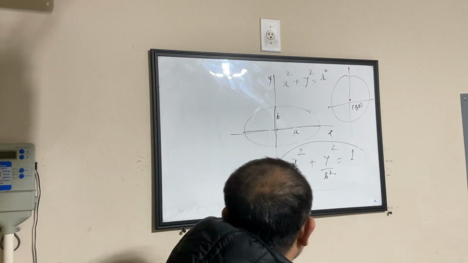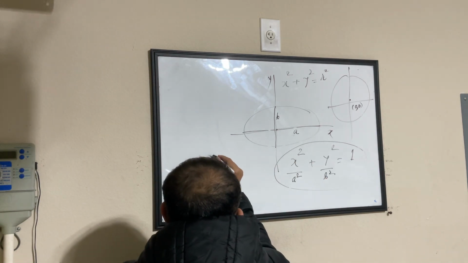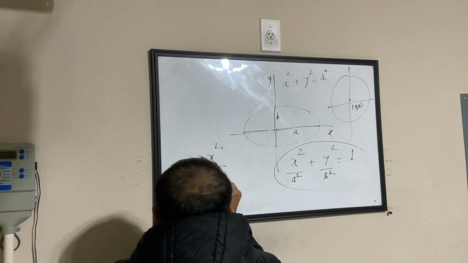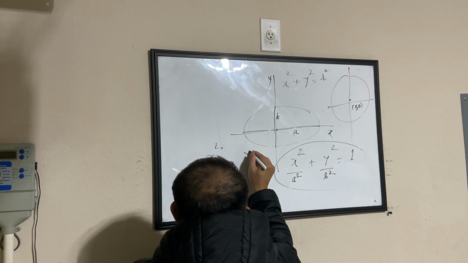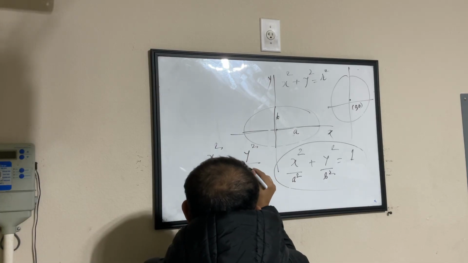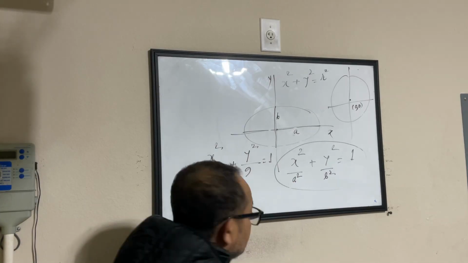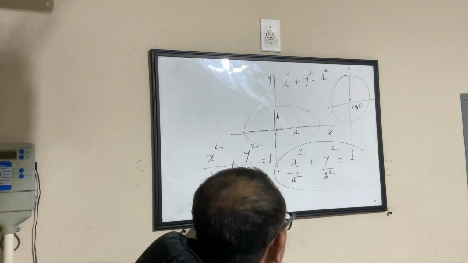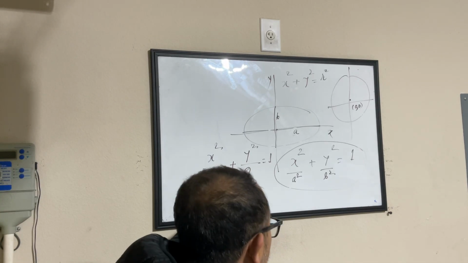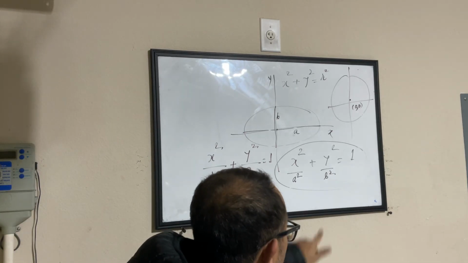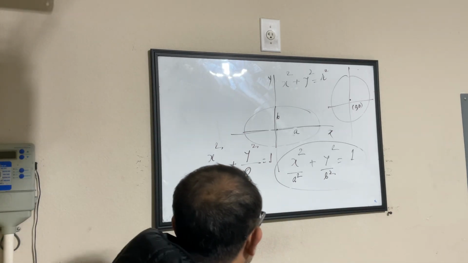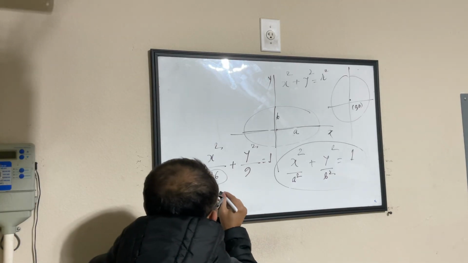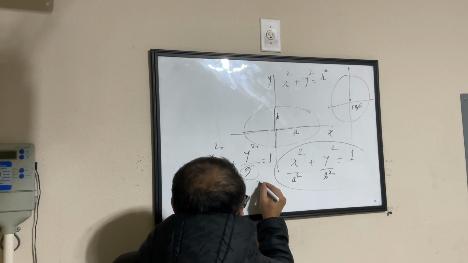Now that being said, let's say I have an equation for the ellipse which says x square by 16 plus y square by 9 equal to 1. Just by looking at this, you see that this is certainly not an equation for a circle because you have two radii that you're talking about. So this looks like an equation of an ellipse. Now here, to find the major and minor radius, you see that this is nothing but 4 square and this is nothing but 3 square.